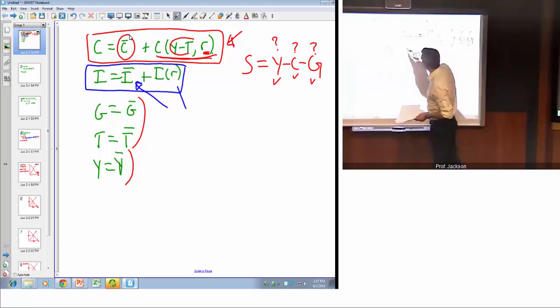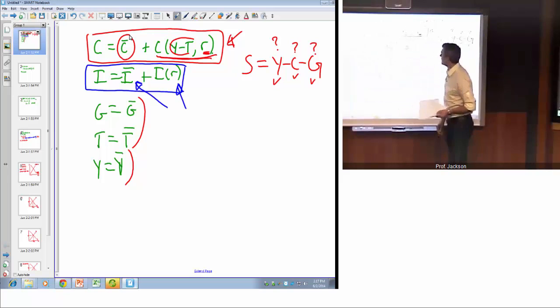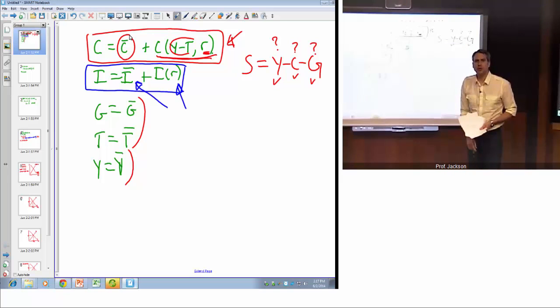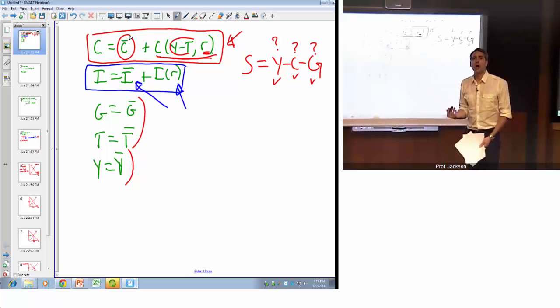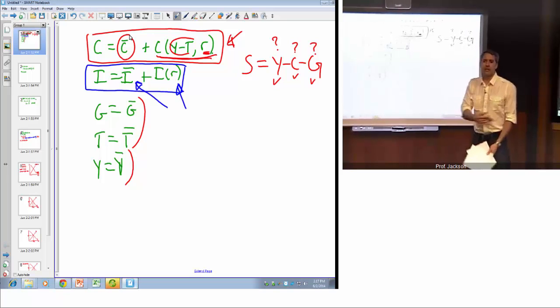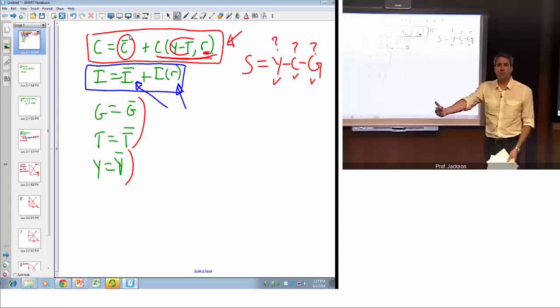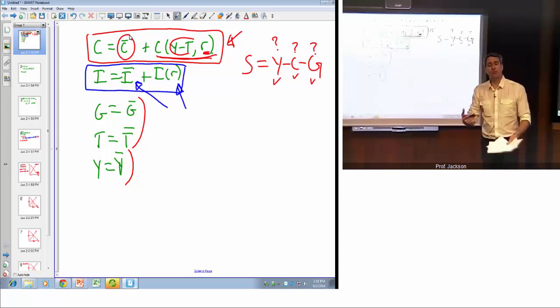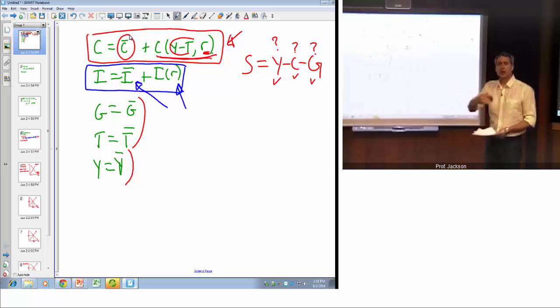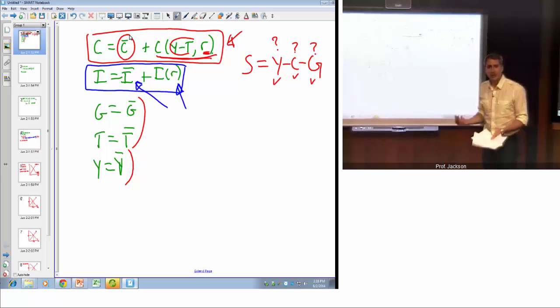And then the second piece of this investment story is investment that depends upon the real interest rate. We think about the real interest rate as being the opportunity cost of investing. If you're a company and you have to invest and buy capital equipment, that's usually a pretty expensive proposition. We're talking about millions and millions and sometimes billions of dollars spread out over potentially years.